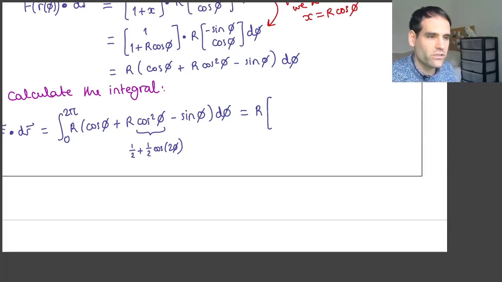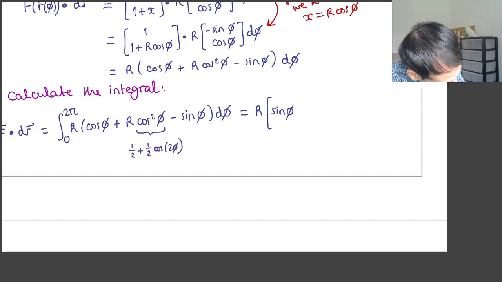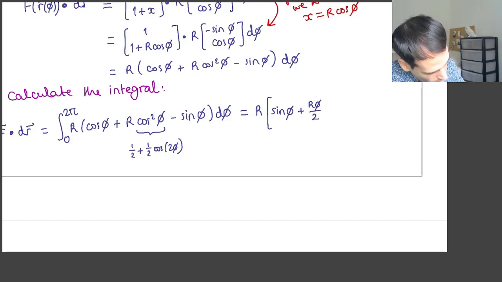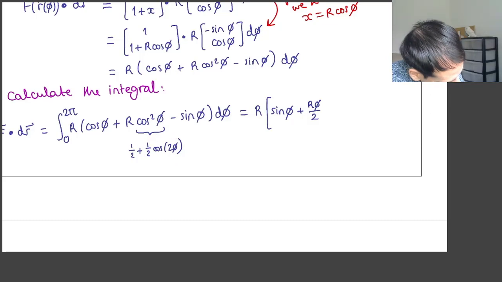What's the integral of the cosine of phi? The integral of cosine is the sine. Okay, what's the integral of 1/2? It's equal to phi over 2. Then what's the integral of 1/2 cosine 2 phi? That will be 1/4 sine 2 phi.